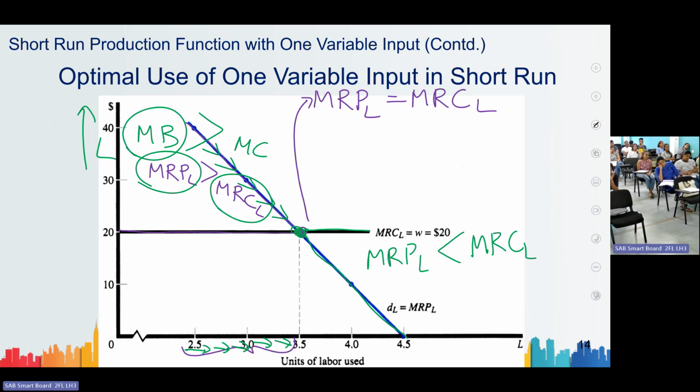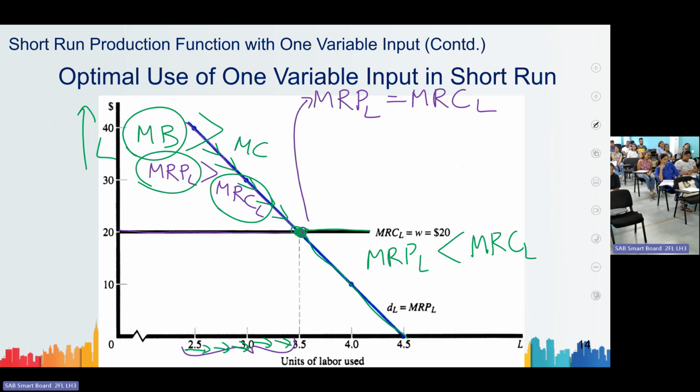Since your marginal benefit side is greater than the marginal cost side, naturally, the producer tends to increase its labor input in order to increase its marginal benefit.